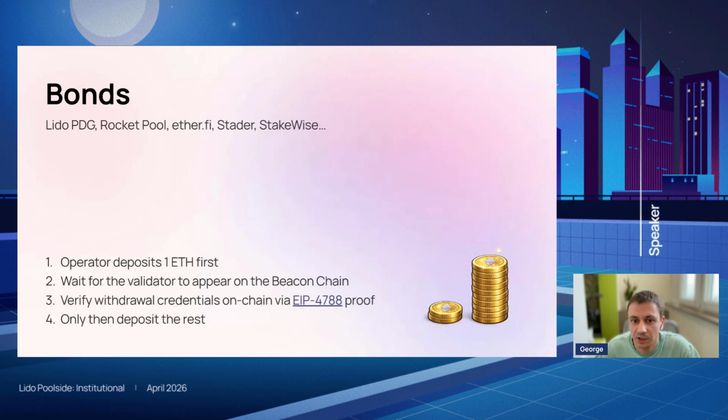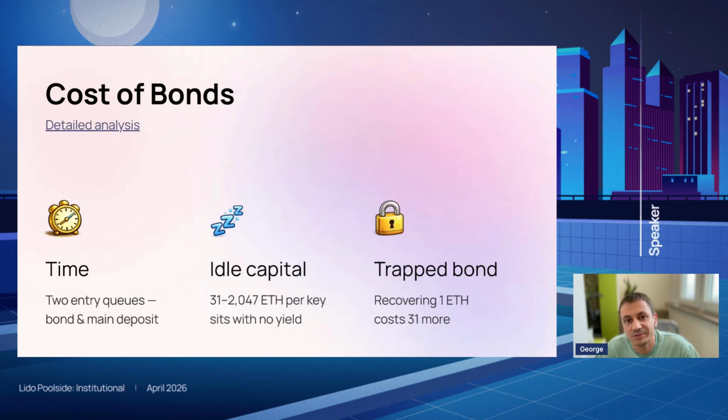This works, but it's not perfect, right? This is the cost. First, time. The entry queue is about 47 days right now, and the pre-deposit goes through it, and then the main deposit goes through it again. So activation takes twice as long.